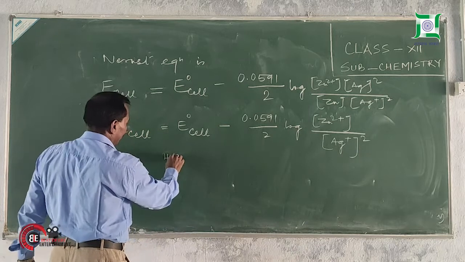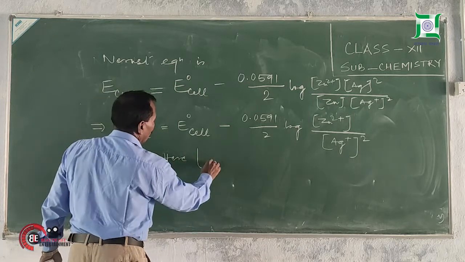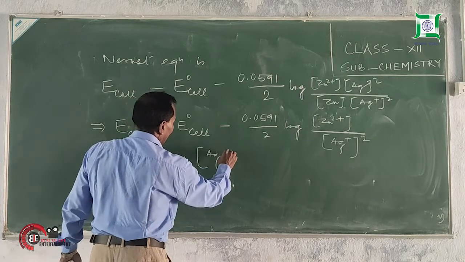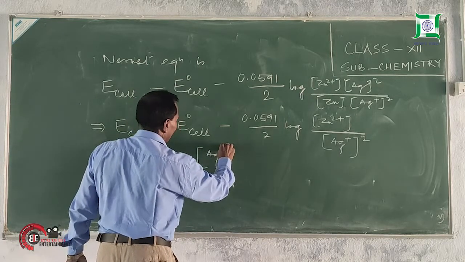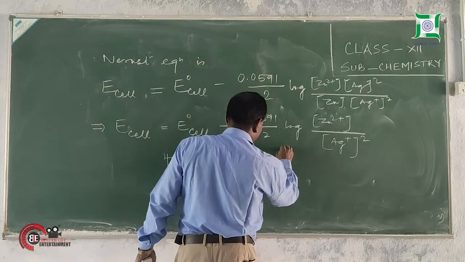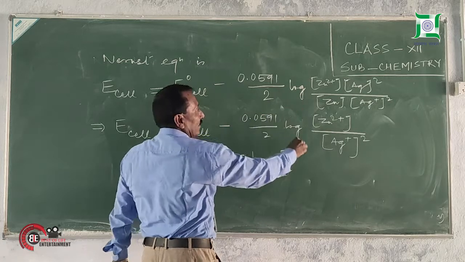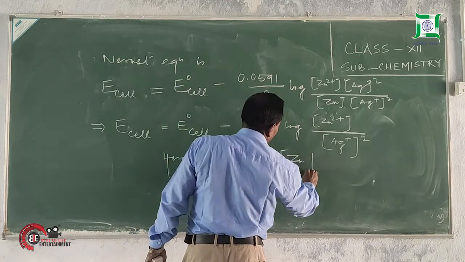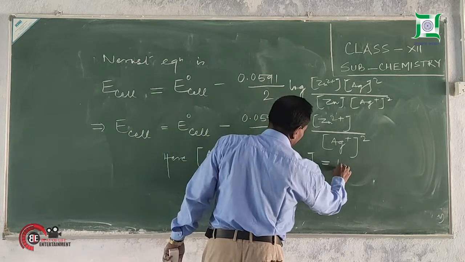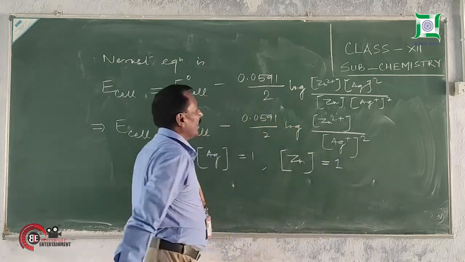Here the concentration of a metal is taken as 1, so the concentration of zinc and of silver is taken as 1.